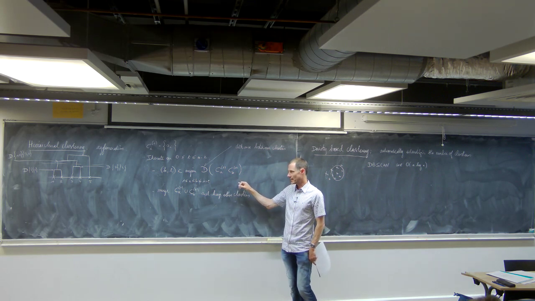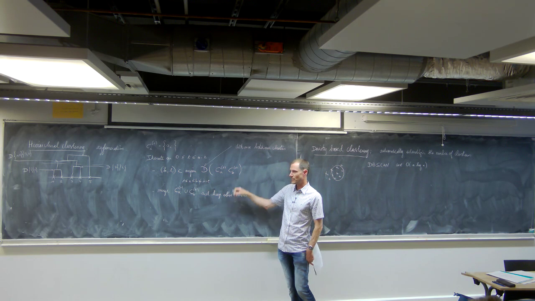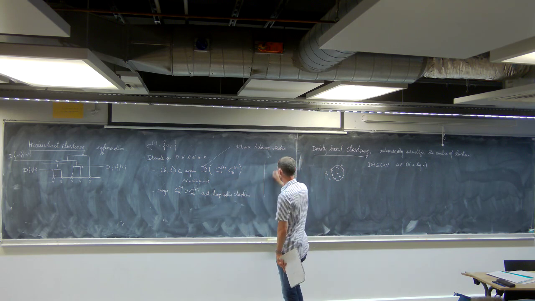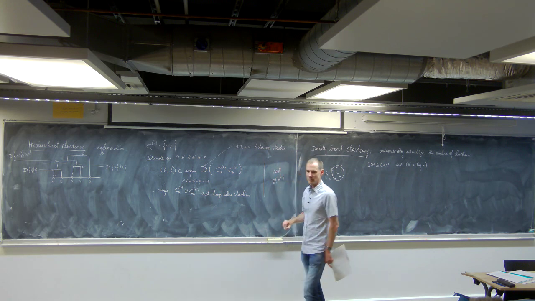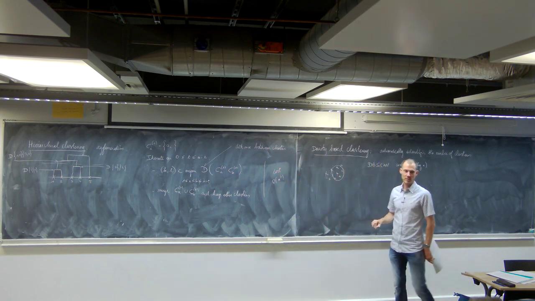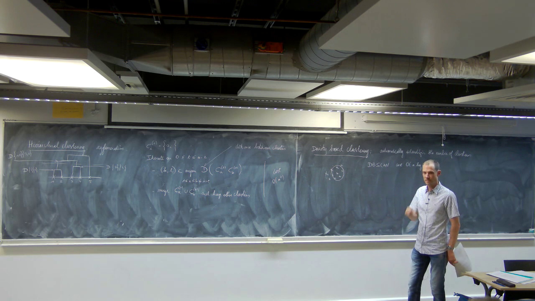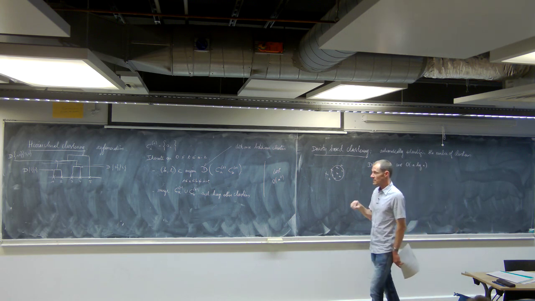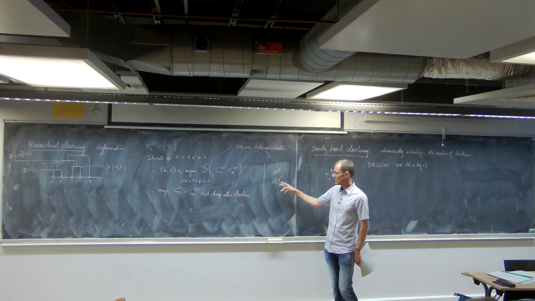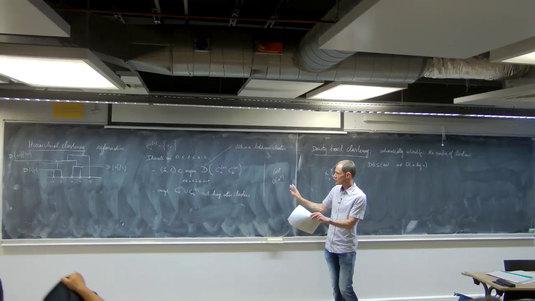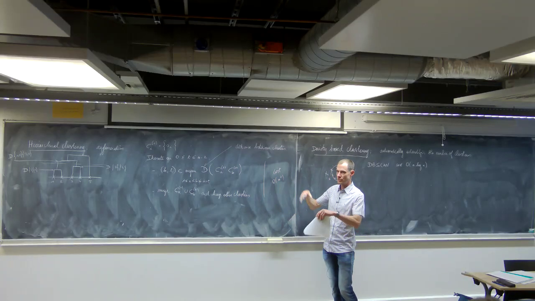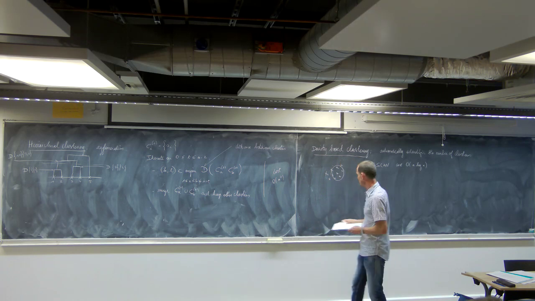So it's order n cost at each step, and you have about n steps. So the cost is typically n squared, which if you have a lot of data points is really too large. So maybe what you want is to do some k-means, a rough clustering, and after that do hierarchical clustering to finish off the job.